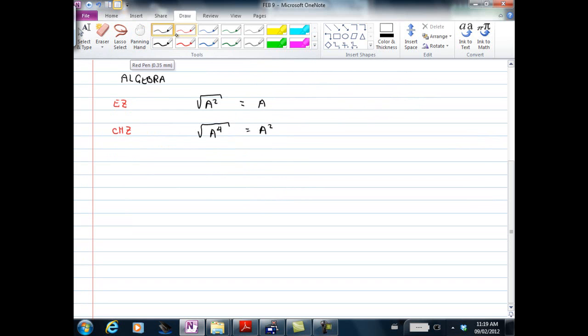No tricks. But I'm going to show you a method of doing this. You're going to need to know this method because it's going to get more complex. I'm going to show you method 1. Really, you can do this in your head. But method 1 is, I know that the square root of A squared is A. So would you agree that I can break A to the power of 4 down into A squared times A squared?